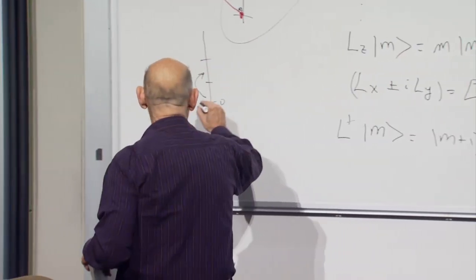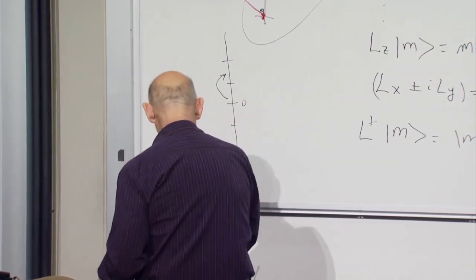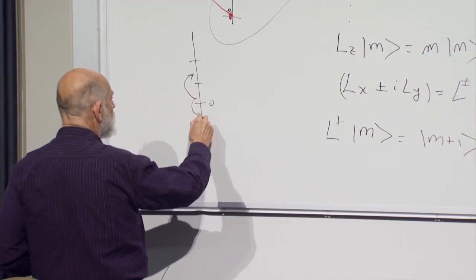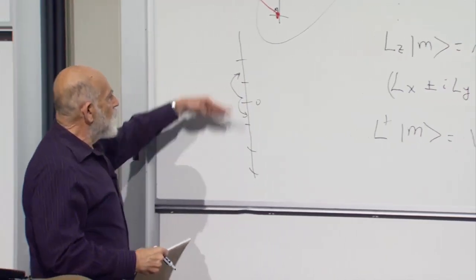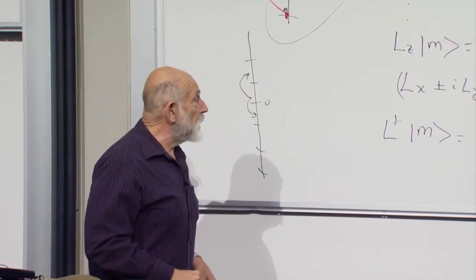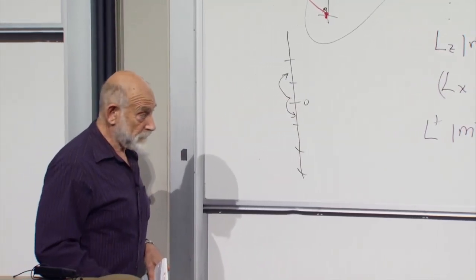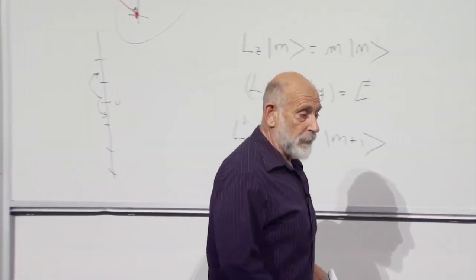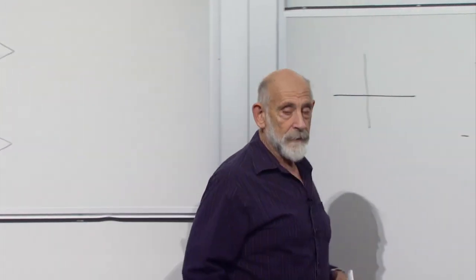Likewise, we can find another one by hitting it with L minus. So L pluses and L minuses are operators which take you up and down the spectrum of eigenvalues of Lz. Okay, that was the first thing that we discovered from the algebra of these things.